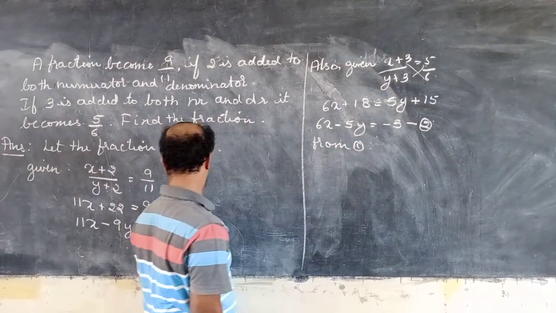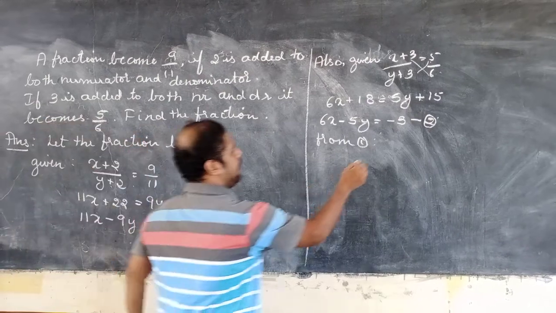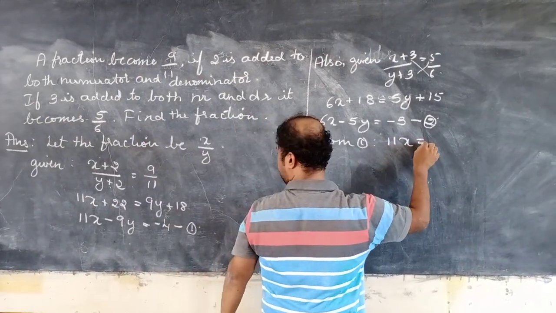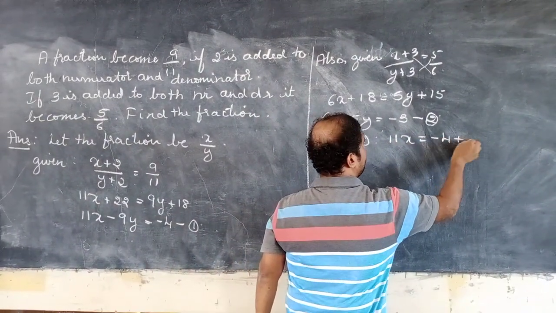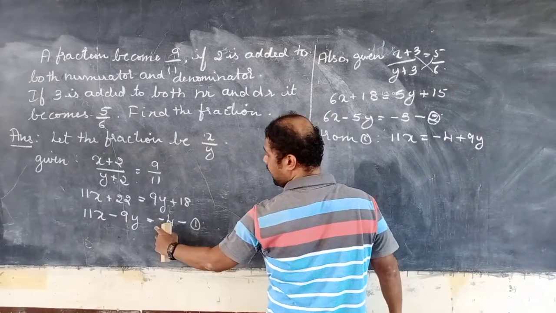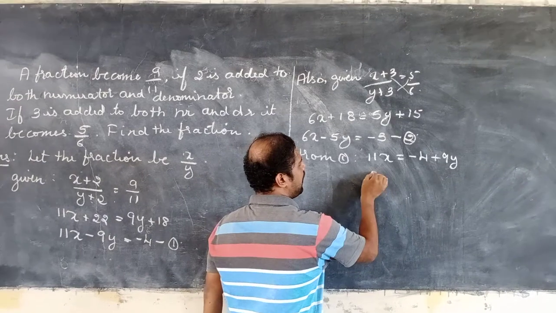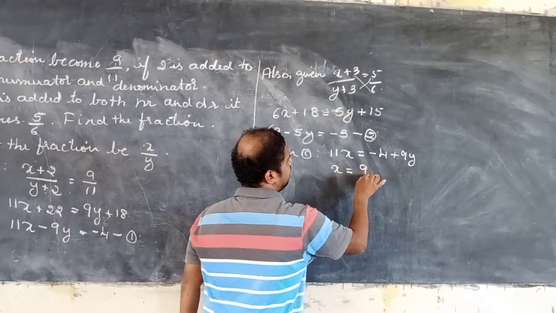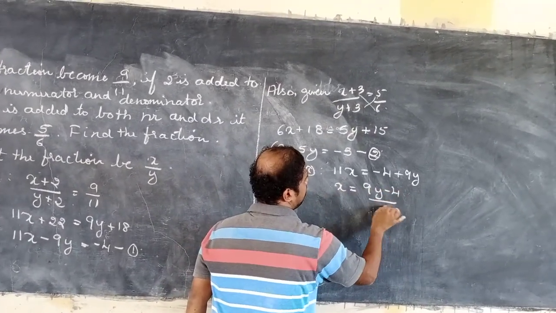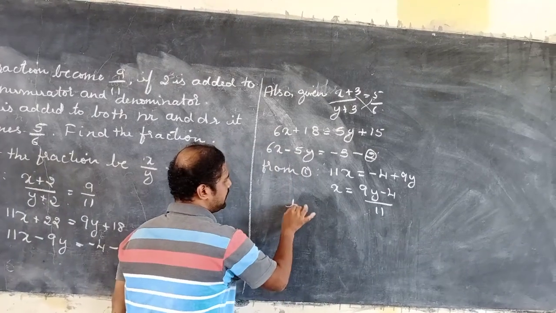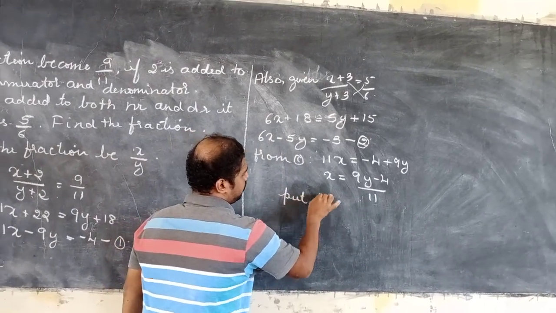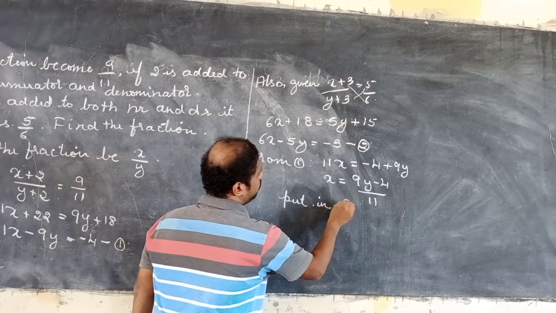From equation 1 I will write 11x is equal to minus 4 plus 9y. So x is equal to 9y minus 4 divided by 11. Put this in equation 2.